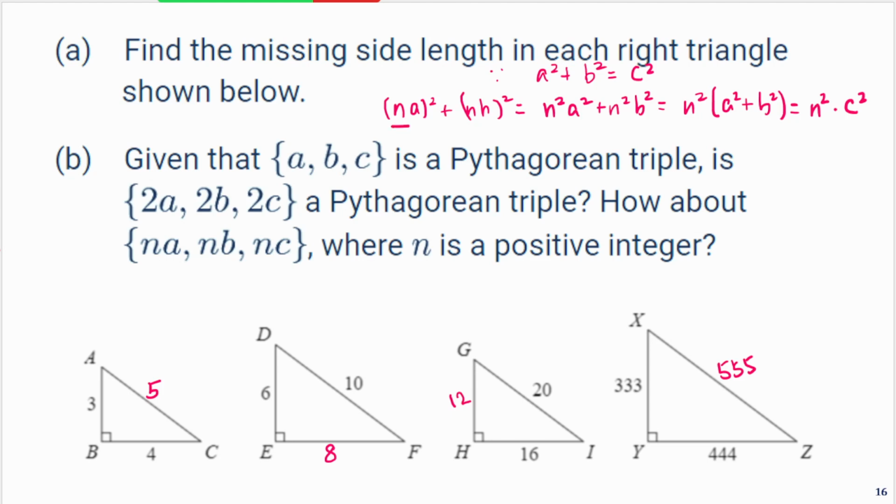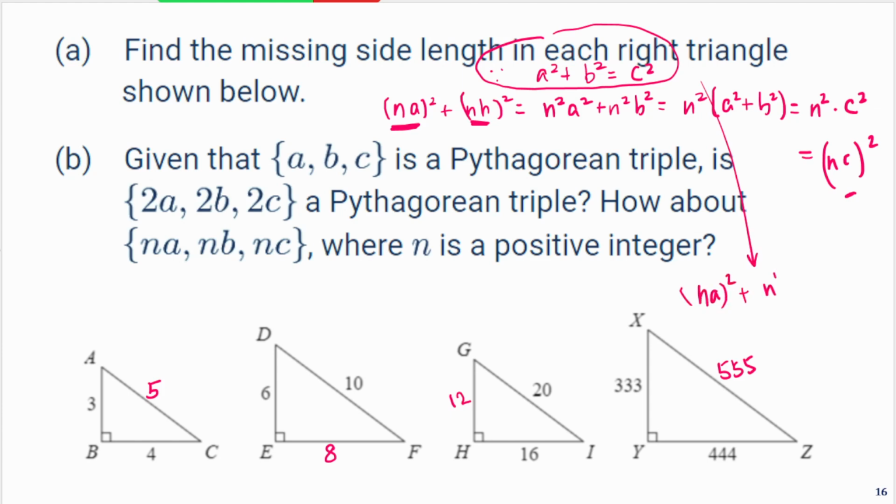So we have nA squared plus nB squared equals nC squared. Therefore, based on a squared plus b squared equals c squared, you can prove that nA squared plus nB squared equals nC squared. So nA, nB, nC is also a set of Pythagorean triple, right?